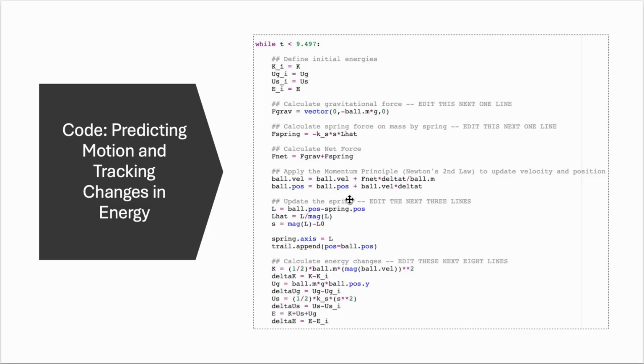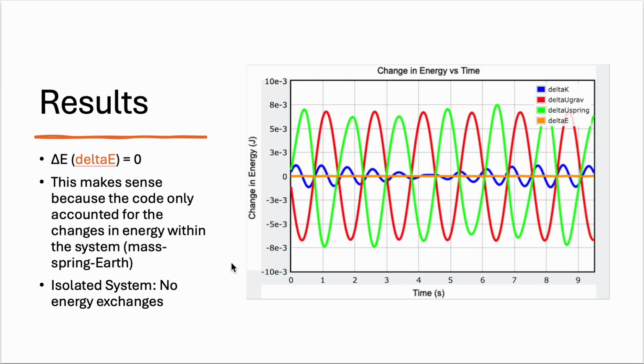And then using F net, we could update the mass's velocity and the mass's position, which is important because from there we needed to update the spring potential energy and all of the energies, the kinetic energy, the spring potential energy, and the gravitational potential energy. And then using those updated energies, we just subtract them from the originals to find our changes in those energies and in the total energy of the system.